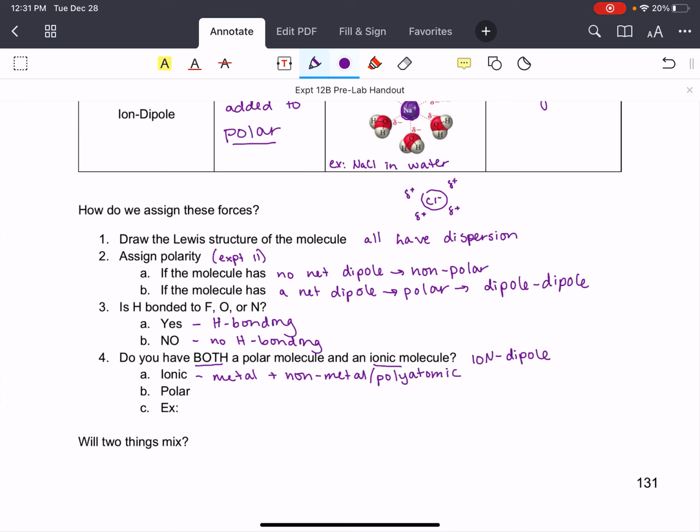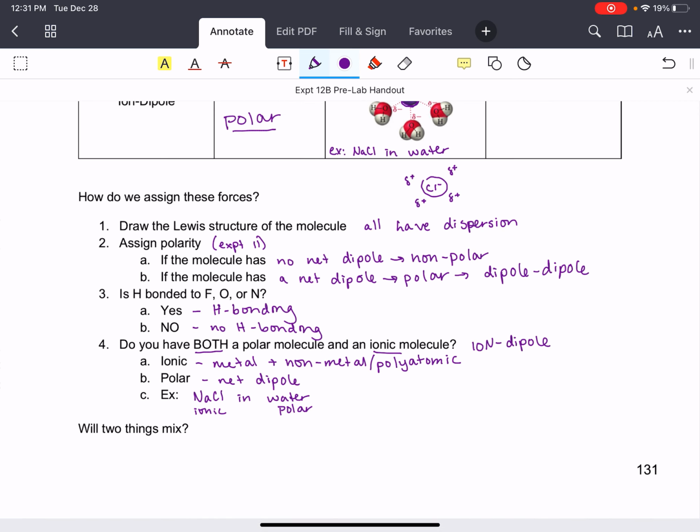For something to be polar means it has a net dipole, and the polar substance we usually choose is something like water or alcohol. An example of this that we saw above was NaCl in water. We have something ionic, we have something polar, and together they will form an ion-dipole force.